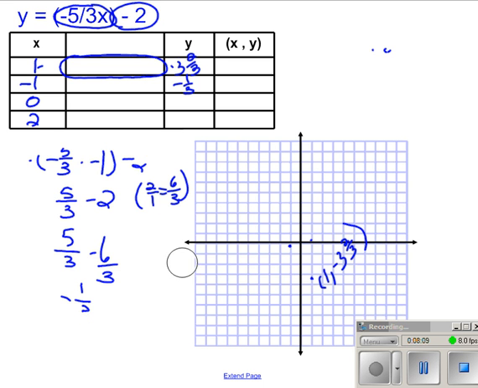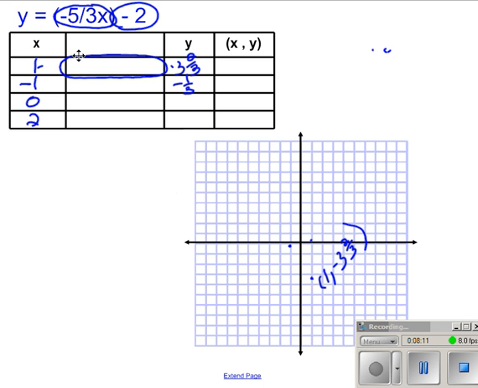Once again, you would keep your work. I need the space. Here I am going to do y equals negative 5/3 times 0 minus 2. I know that that is 0, so I know y equals negative 2. I have a 0 and negative 2 right there. And I'm going to do it with my 2.